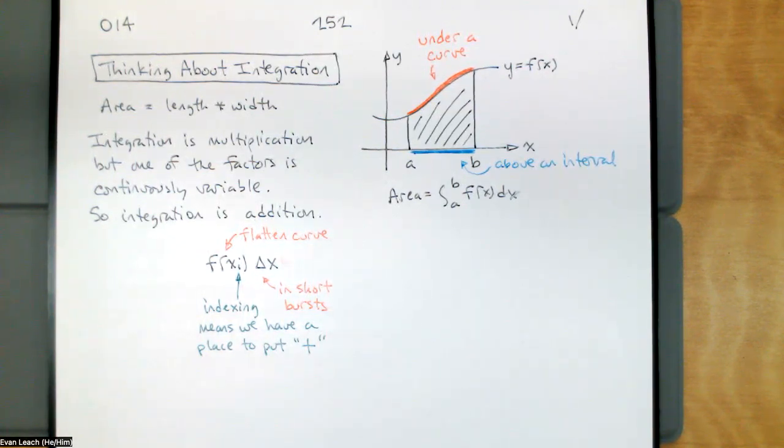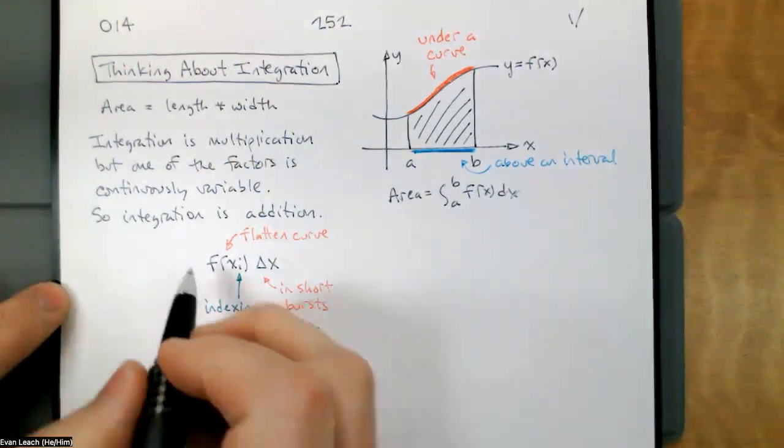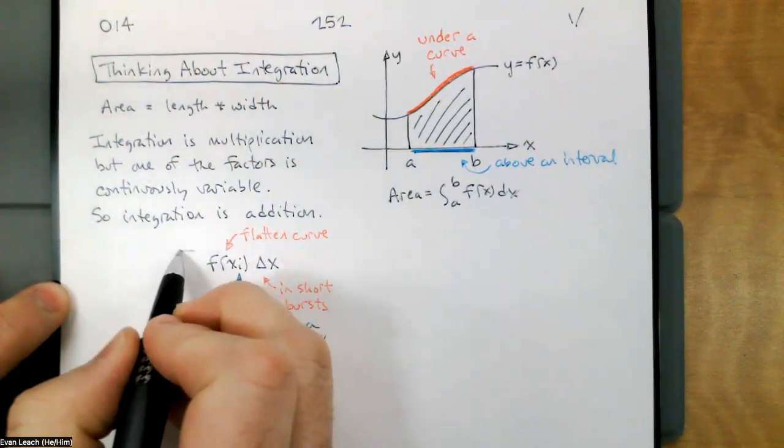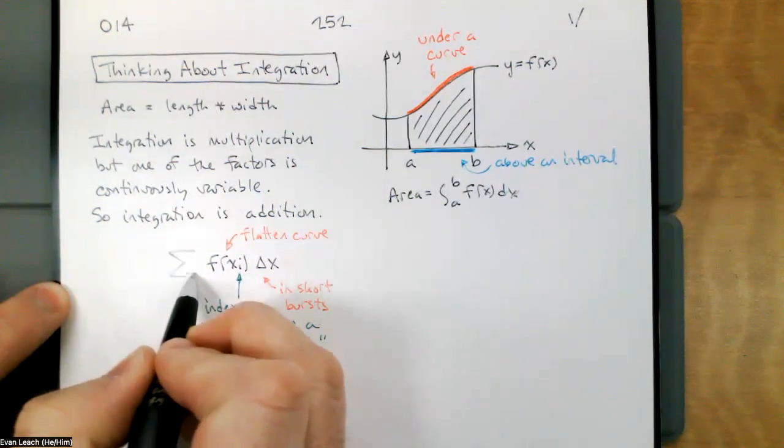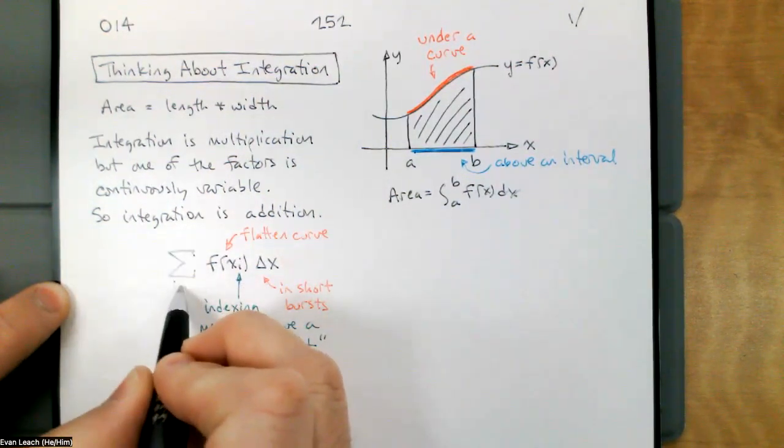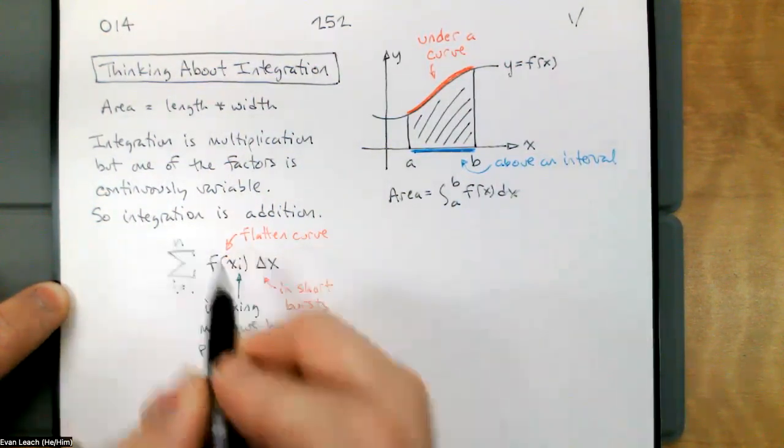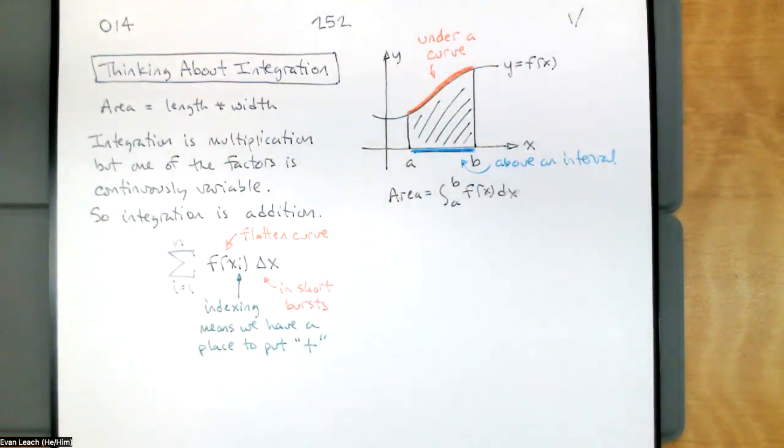There's going to be a lot of these, so rather than putting A1 plus A2 plus A3 plus A4 and so on, we're just going to say add up all the A's. So we're going to have a big sigma here in a Riemann sum, and do this for all these n rectangles. So this is the sum as i goes from 1 to n: f at x1 delta x, f at x2, f at x3, all the way up to f at xn.